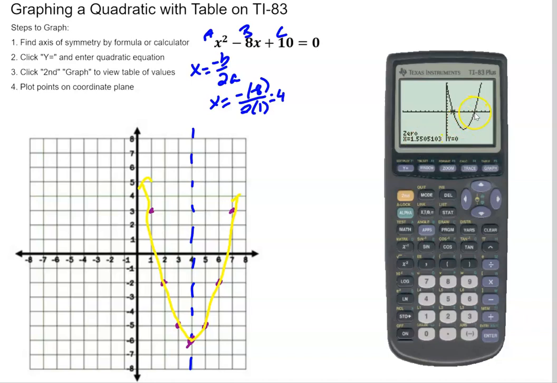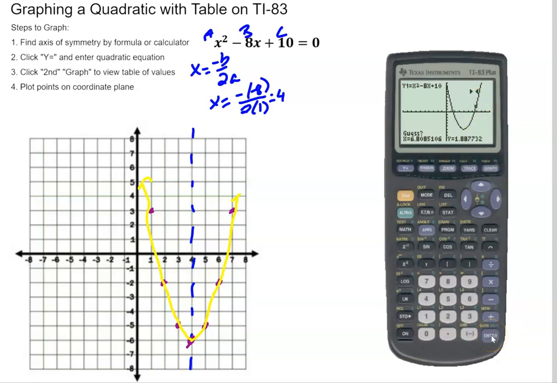Now the other 0, or the other x-intercept, is over here. So I would do second trace, number 2, the 0, and left bound this time. If I keep following to the right, to the left of the x-intercept here means I'm below the x-axis. So I hit enter. Right bound means I go to the right until I'm on the opposite side of the x-intercept, which means I'm above the x-axis this time.